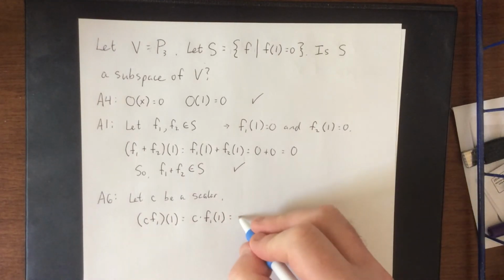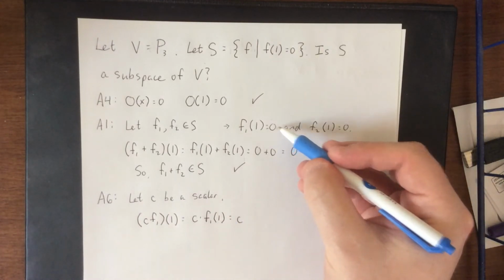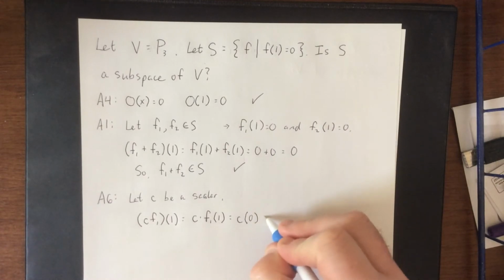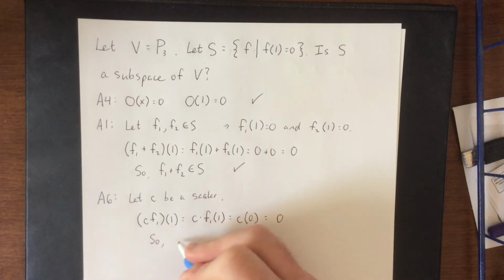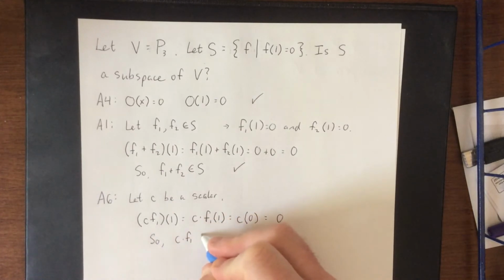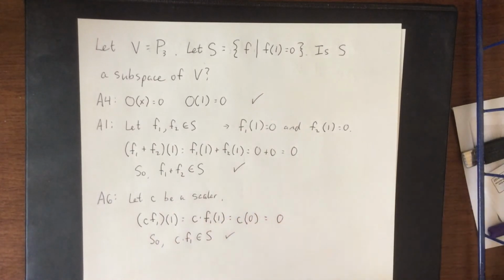As such, we would have C times, according to our property back here, C times 0. Anything multiplied by 0 should be 0. As such, a scalar multiple of f1 is an element of S.